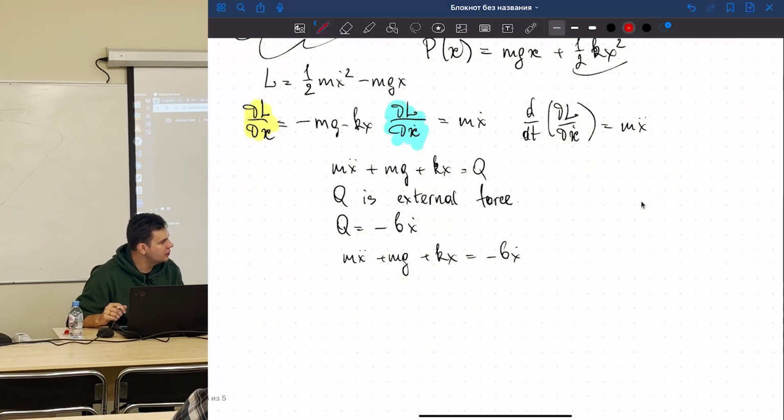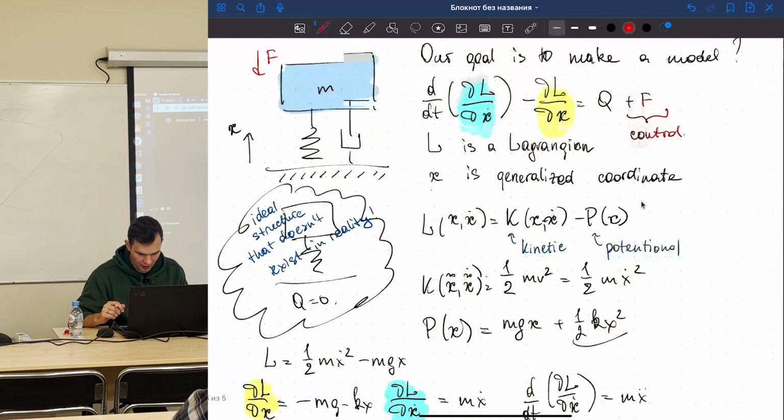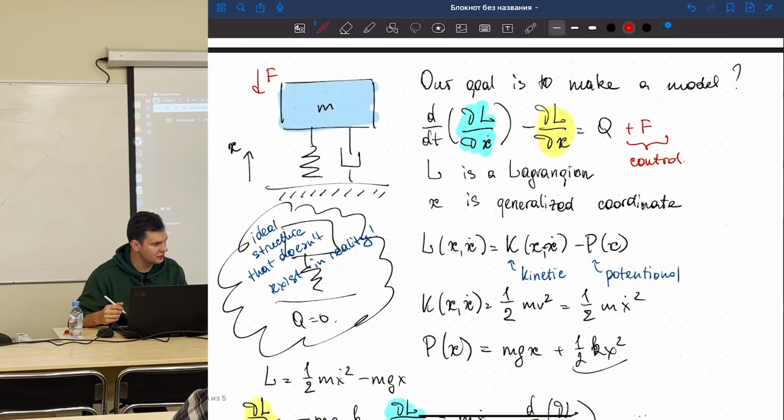You had a question. Would you please repeat why you write minus V star? Because it works in the opposite direction here, so it doesn't add energy to the system. It sucks energy from the system.